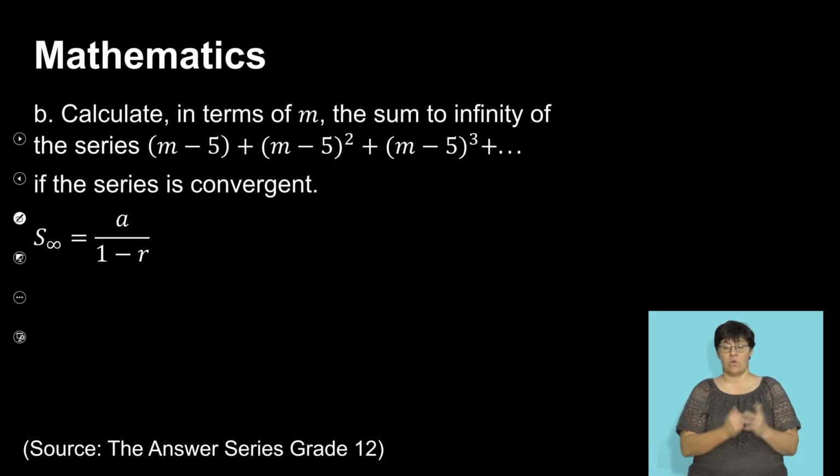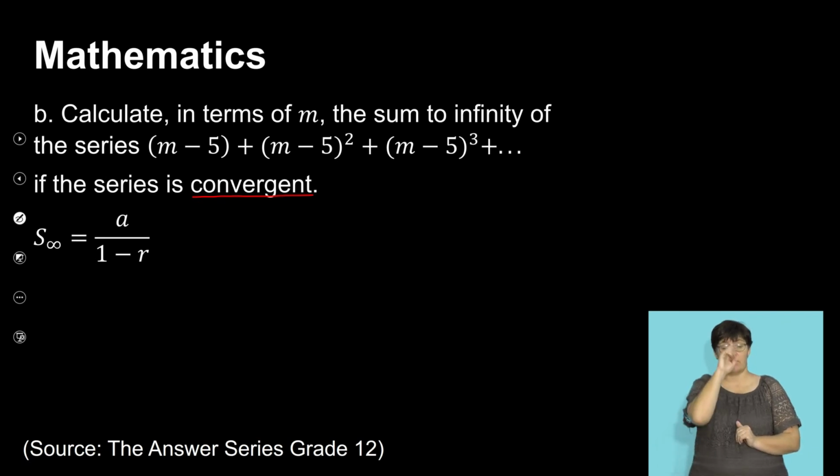We are going to calculate, in terms of m, the sum to infinity of the series m − 5 plus (m − 5)² plus (m − 5)³ going on. We've been told that we can assume that the series is convergent. Cool, guys.